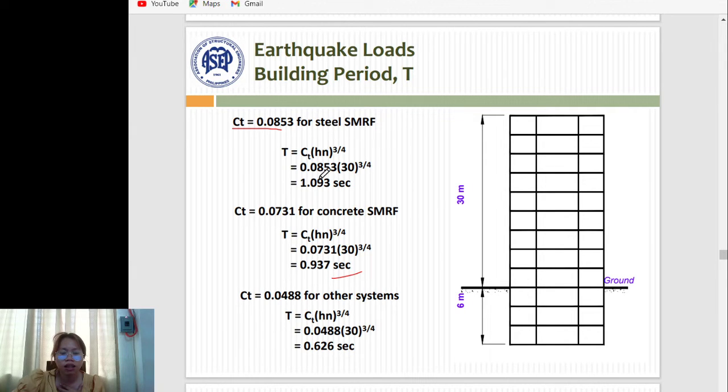So tendency is that mas taas ni siya og drift. I mean mas taas maabot ang structure og drift, no, kay mas flexible man siya kaysa concrete, no. So mao na ang gamay ra iyang period, no, pagbalik sa original nga position.